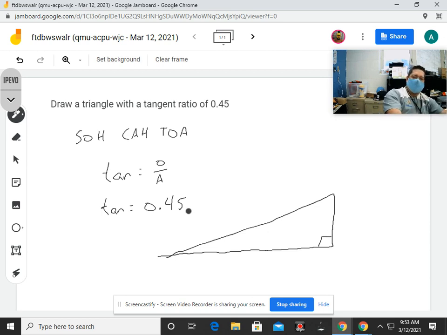So opposite over adjacent. And you could have gone off this top angle if you wanted. You could have gone 45 over 100 and then simplified from there. You could have gone 4.5 over 10. The actual simplified version would be 9 over 20.